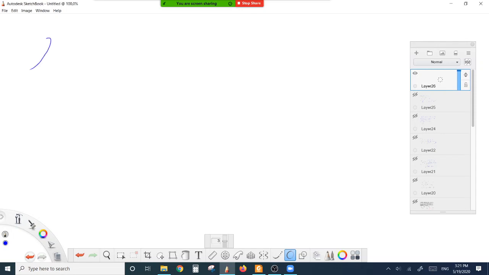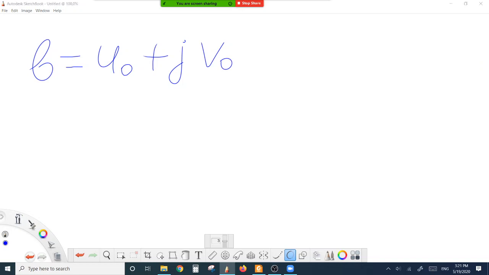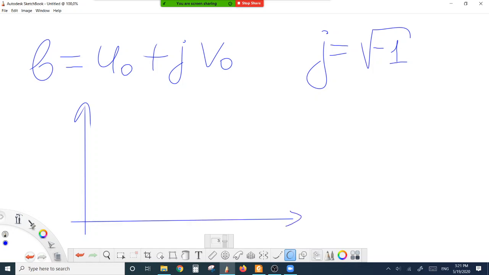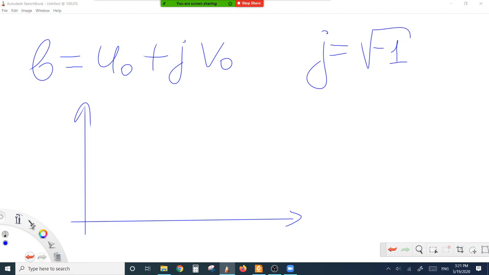If we consider a complex number b, which is equal to u0 plus j v0, where j is the square root of -1, b can be represented in a plane called the complex plane.